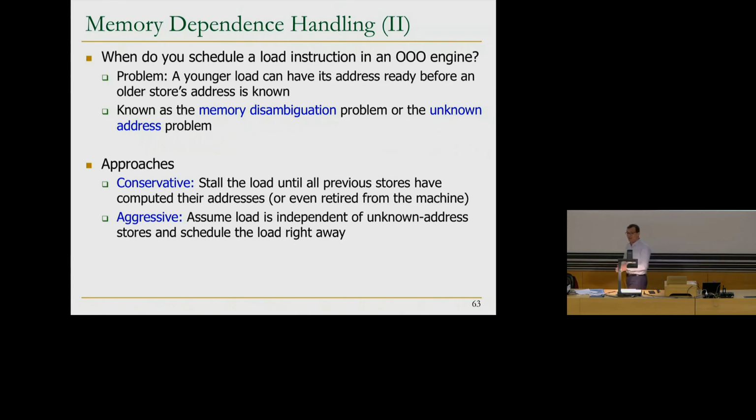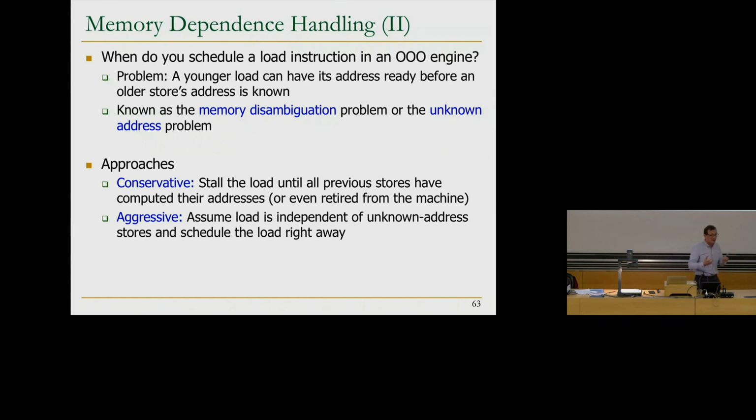So this is the conservative approach, and this is terrible for performance. The aggressive approach takes exactly the opposite. It basically says, I'm a load, I know my address, I'm going to assume that I'm independent of any previous stores. I'm going to schedule this load right away. Okay? That's aggressive. Basically, the prediction is that hopefully this load is not going to depend on any of the stores. Of course, if you do this, you need to check later on: did I predict this correctly?